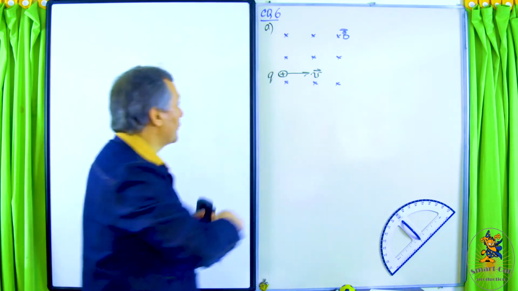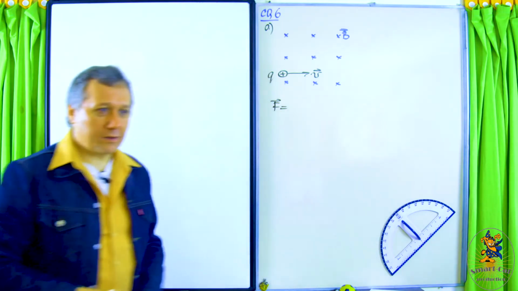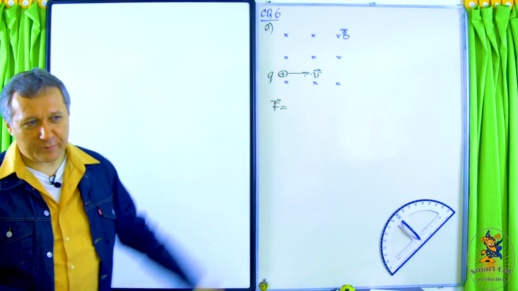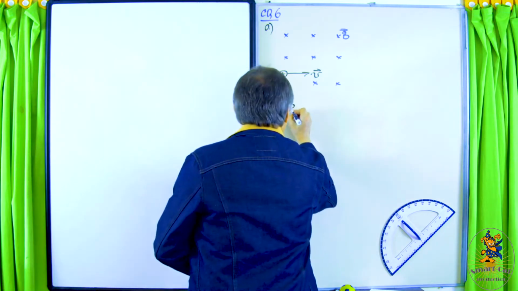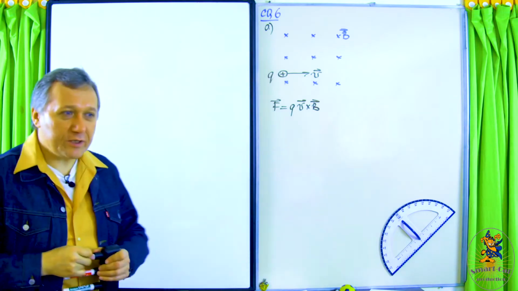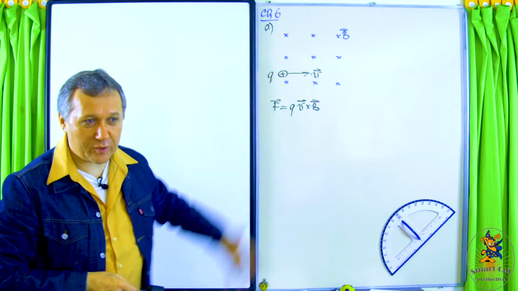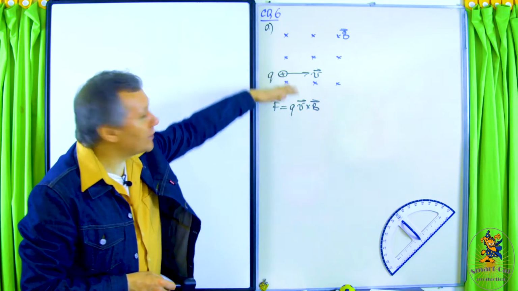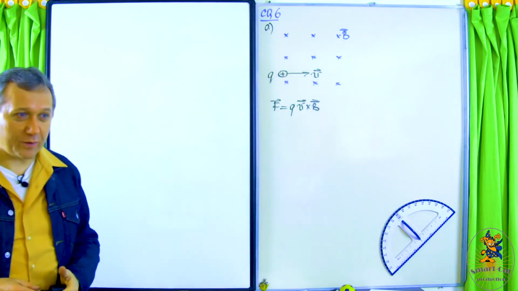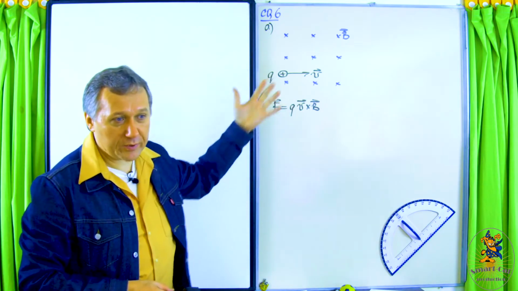In order to answer that, we need to look at the expression for the magnetic force, F = qV cross B. We just need to find the direction of the force because this force is responsible for the circular motion. If this force were not here, the particle would just travel along a straight line, according to Newton's first law. But since the force acts on it, the particle will experience circular motion.